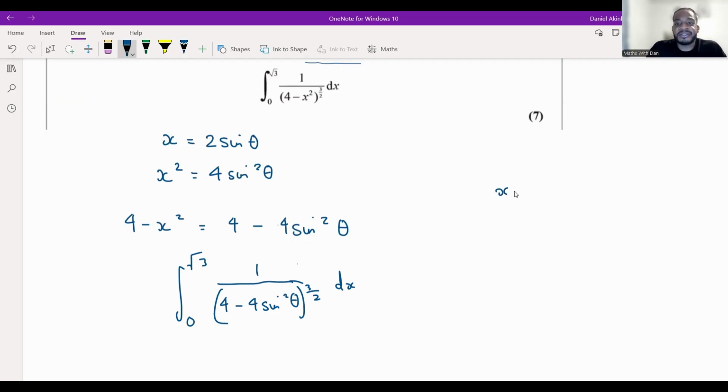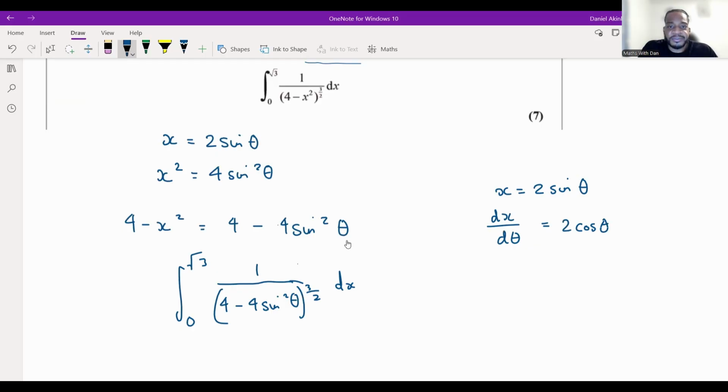So I know that x is equal to 2 sine theta. To get the dx, we always differentiate. Could somebody remind me what is dx d theta? Exactly. Well done. 2 cos theta.